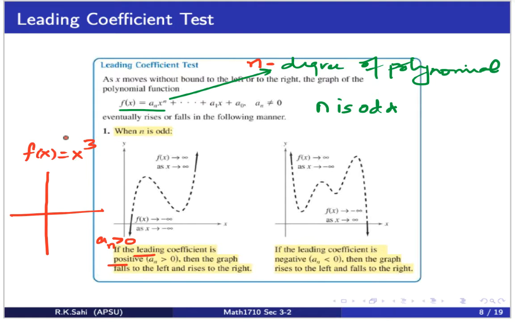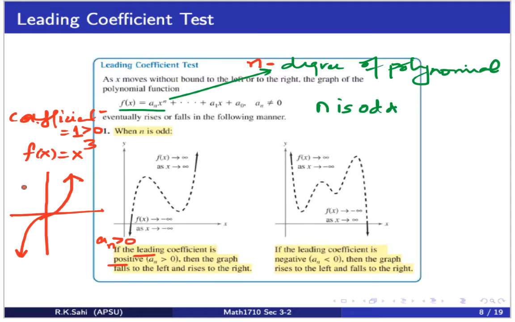The coefficient of x cubed is 1, and it is greater than 0. The coefficient is 1, the degree is odd, so according to the leading coefficient test, the graph will fall to the left, and that's exactly how the graph looks. And it will rise to the right.